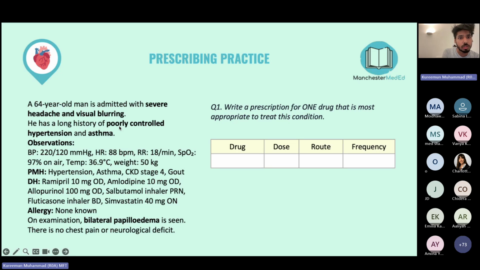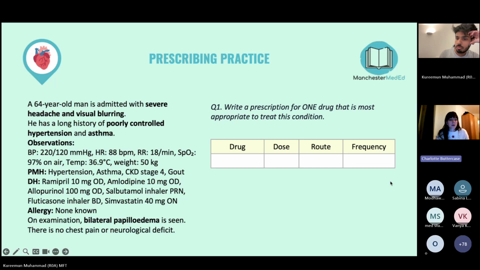I believe, Charlotte, is it that they will put it in the chat? Is that right? I think the plan going forward is to use Slido, but which one would you like to choose? It's up to you. If you want to see people's answers, that's fine. If people want to put them in chat, but equally if people want to do this as an old school paper and pen exercise, that's fine.